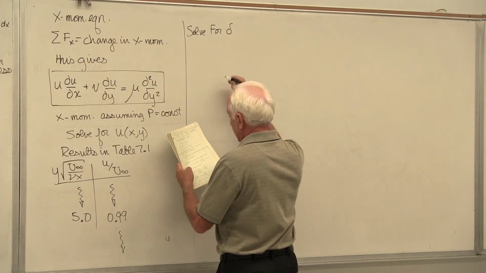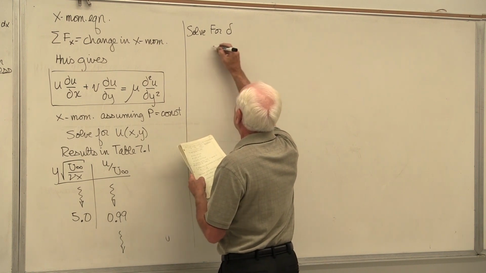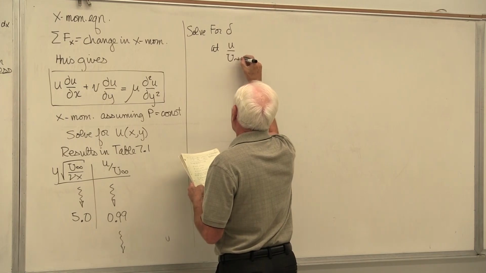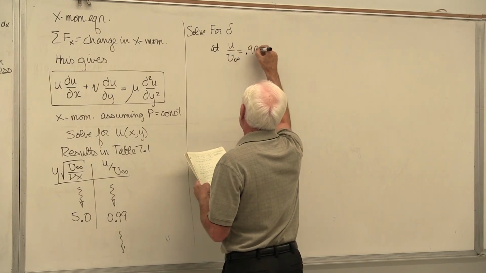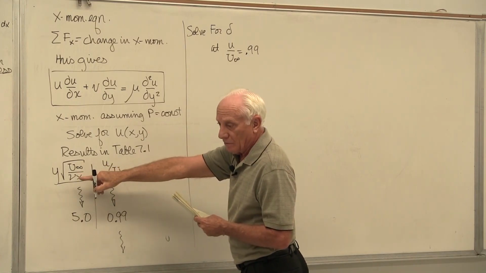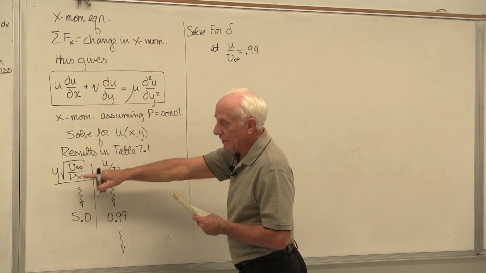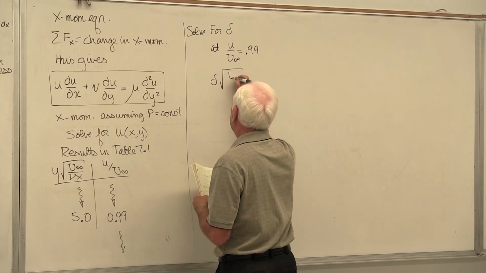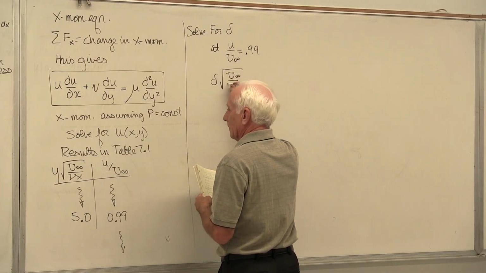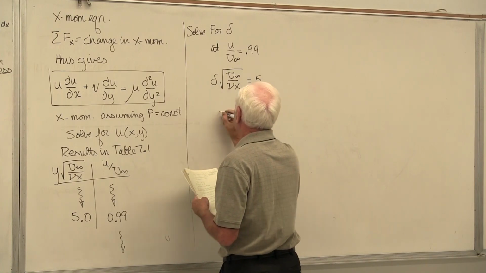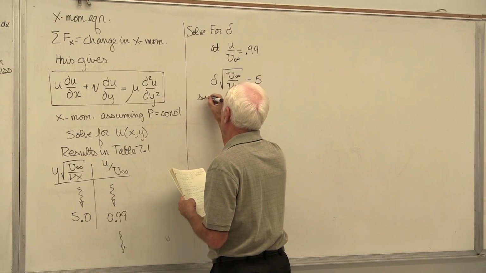So what we have here then, at u over u infinity, 0.99, then this column, and what is y? Y at that 0.99, y is delta. Delta square root u infinity over nu x equal 5. Solve that guy for delta.